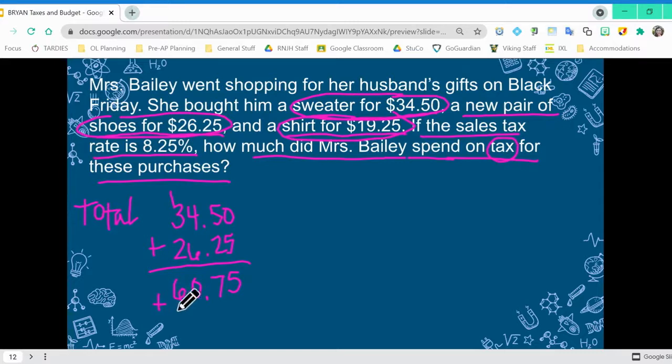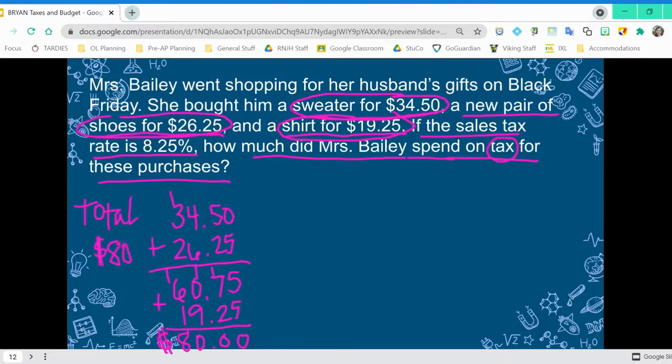But we also need to add to it the total for the shirt. So let's add the shirt. And that gets us $80. So Mrs. Bailey spends $80 on the clothes for her husband.